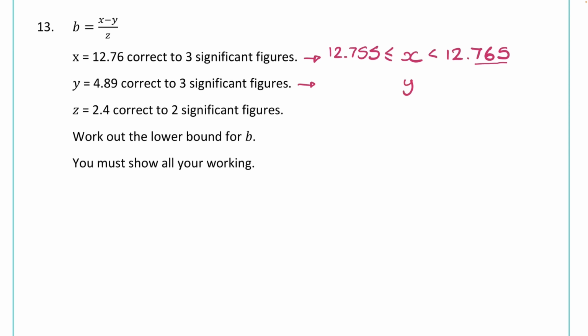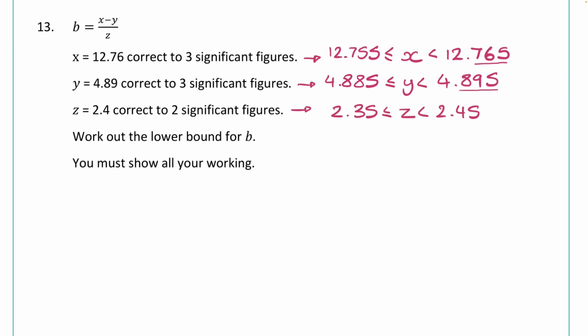So y is between 4.895, so if that's 895, we have 885, so 4.885. And then for our final error interval, we have 2.4. This is z. So 2.45 and 2.35.